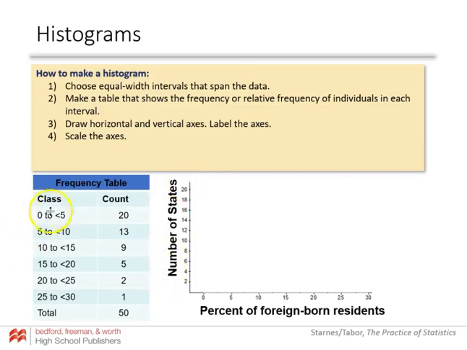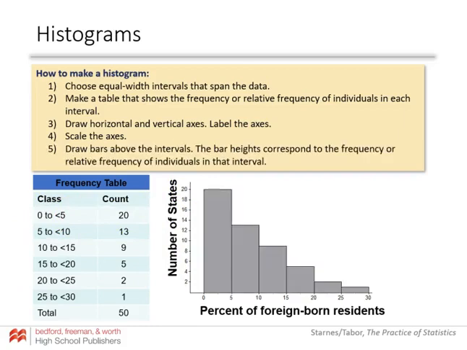And then each of these classes or groups gets a bar. Okay, so from 0 to 5, there were 20. From 5 to 10, there were 13. So this bar is up to 13. 10 to 15 was 9. So this bar goes up to 9. All right, and so on and so forth.